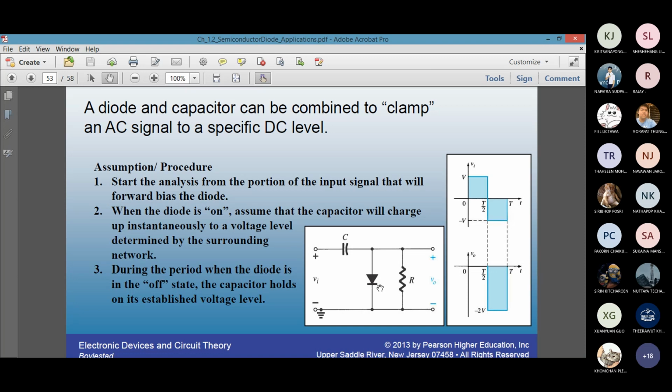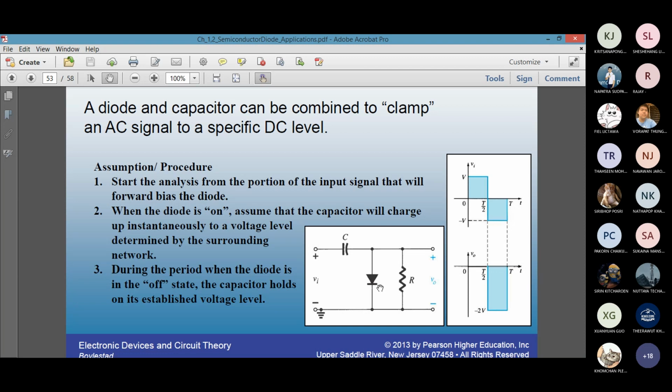Then determine the output voltage. Lastly, you have to compare the output with the input and make sure the total voltage swing compared with the output and input, they are exactly the same. Then you have arrived at a proper solution.